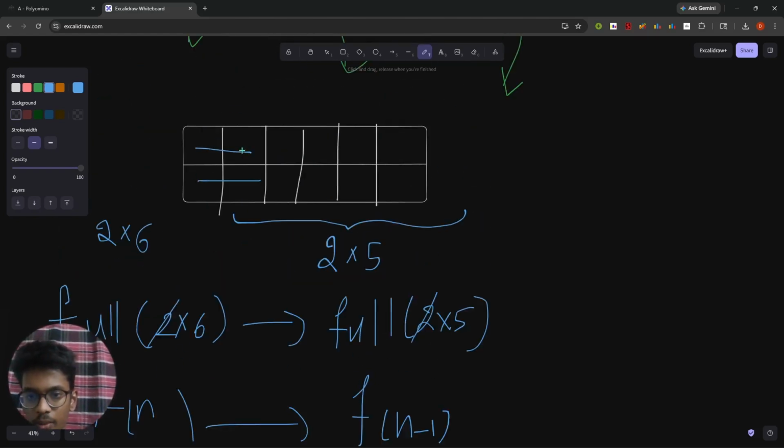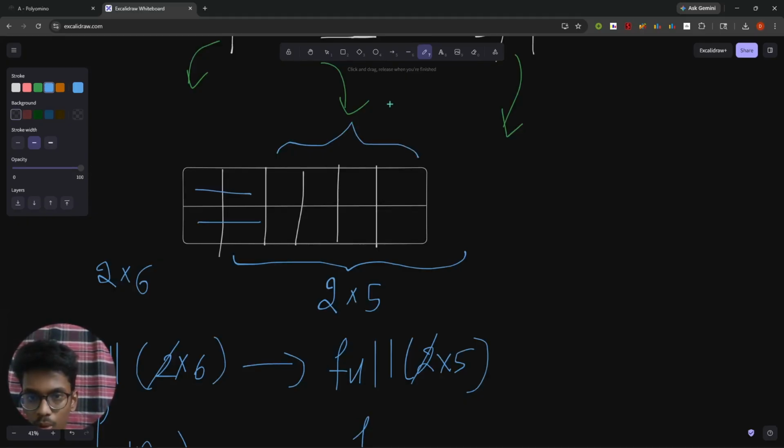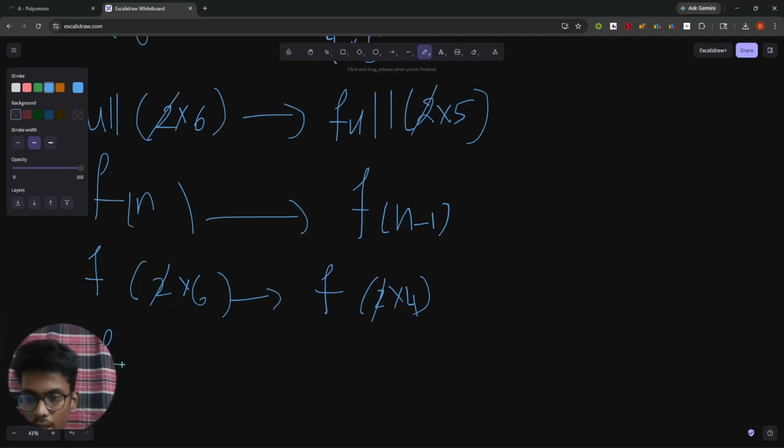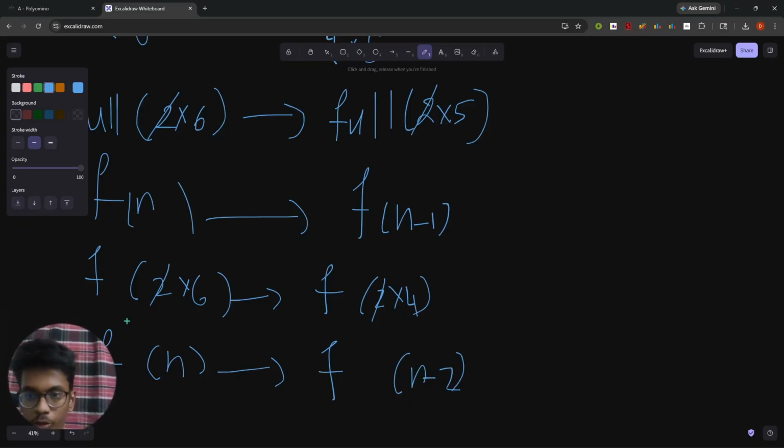So this is giving me a 2 cross 4 grid. That means f of 2 cross 6 can lead to f of 2 cross 4. Okay, that means f of n can lead to f of n minus 2, isn't it? Call it equation 1, call this equation 2, just like school kids do.